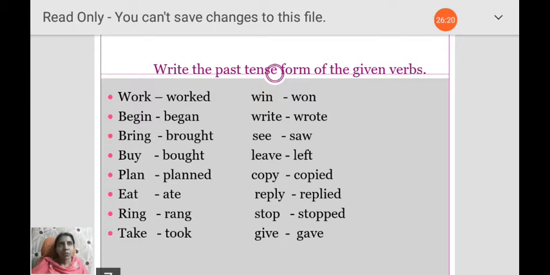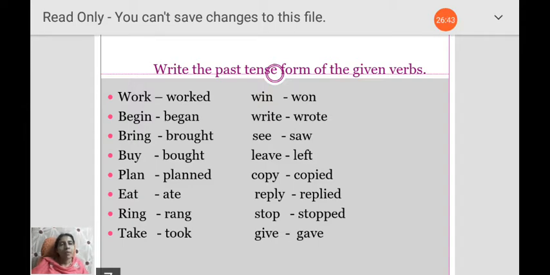Many students write copy, copyed. It's not like that. Copied. So look at the one immediately below, reply. Naturally when y is there, we add ied after removing y. So copied, replied. Okay, these two words.